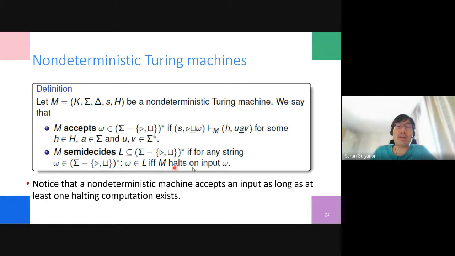When we say halts here, it just means that the machine M can get to the halting state given that input, that is, there exists a computation that leads the machine M to the halting state with the given input. It doesn't matter that most of the possibilities might lead to a forever loop or others. As long as there is one existing computation that leads to the halting state, you are fine. It will be considered as accepting the string.